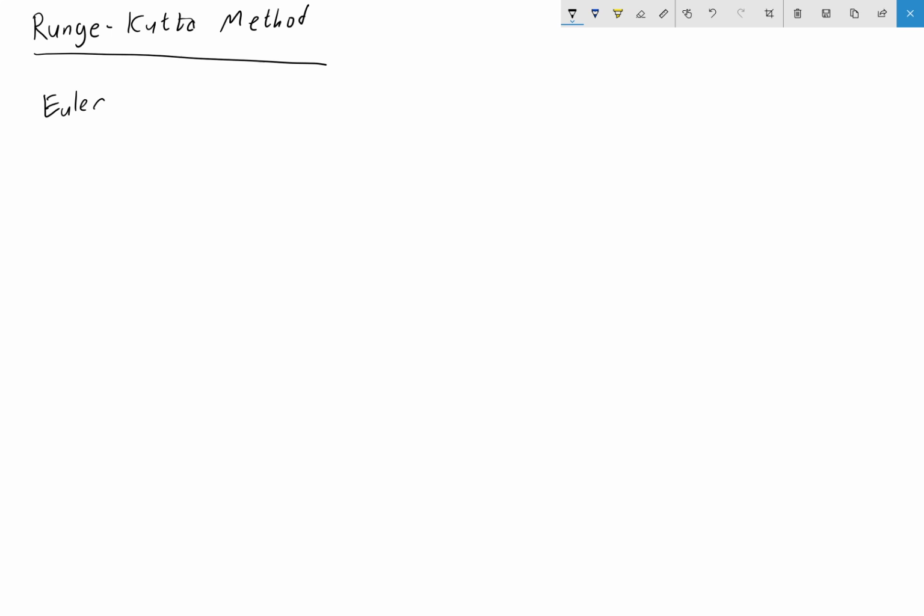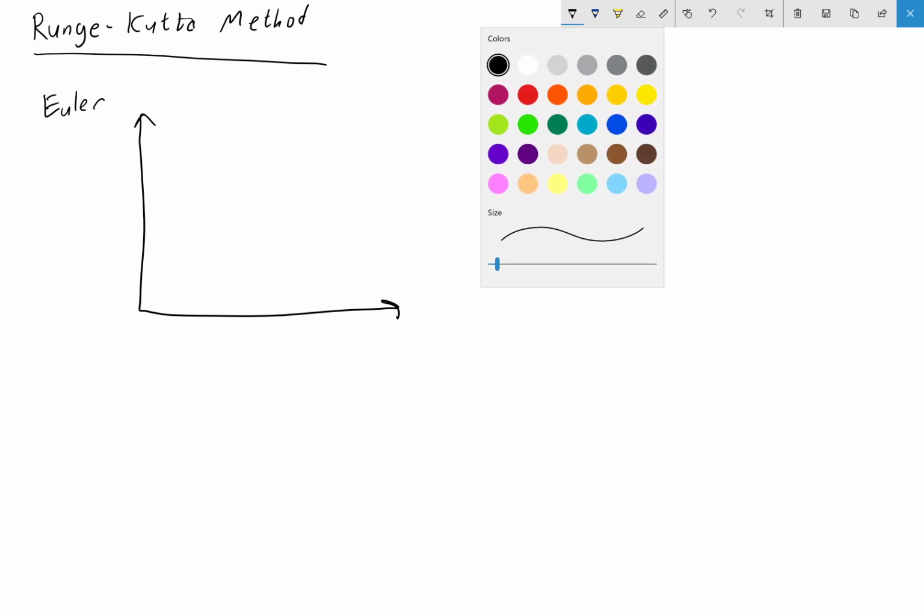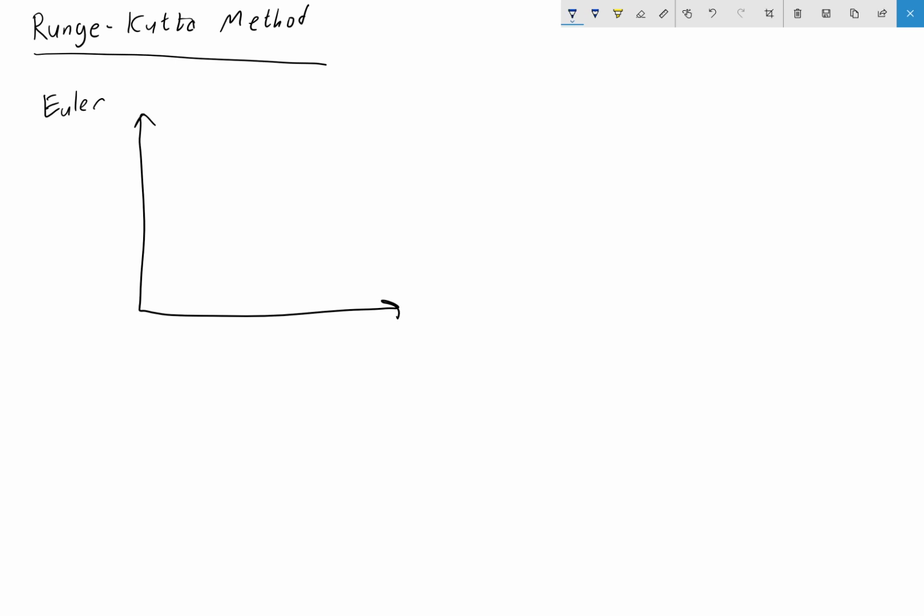So here's the idea. With Euler's method, let's say we have some dx dt equals some function of x and t. And in effect, what we're trying to do with Euler's method is, for some starting point x of t, we're extrapolating outwards by the derivative there, the slope, and we're finding then some new point x at t plus h, where h is our step size.